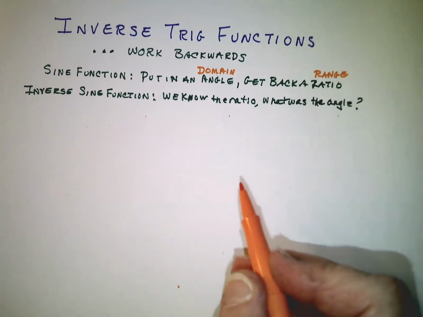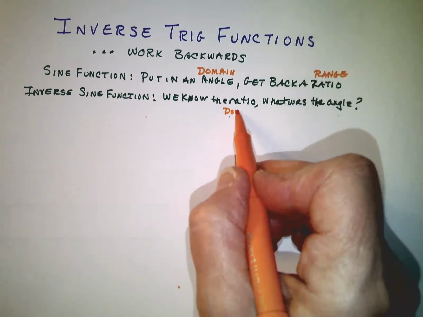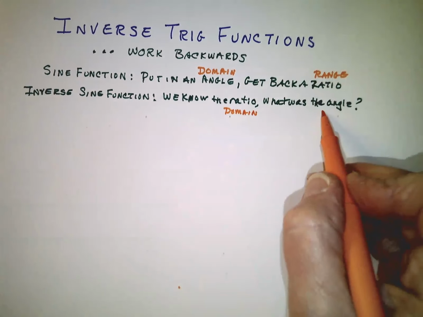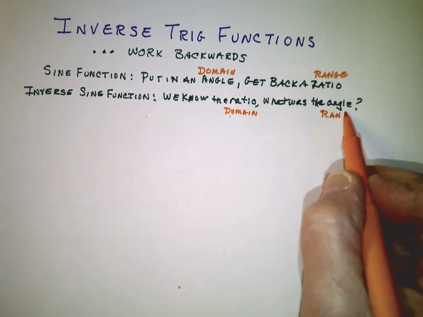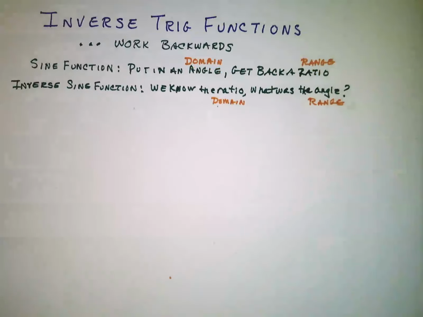So for the inverse sine function, the ratios are the domain, and the angles are the range. So like all inverse functions, the domain and the range have been switched. And that makes their graphs reflections across the diagonal line. And if we are trying to solve for an inverse function, we can sometimes switch the x's and the y's.